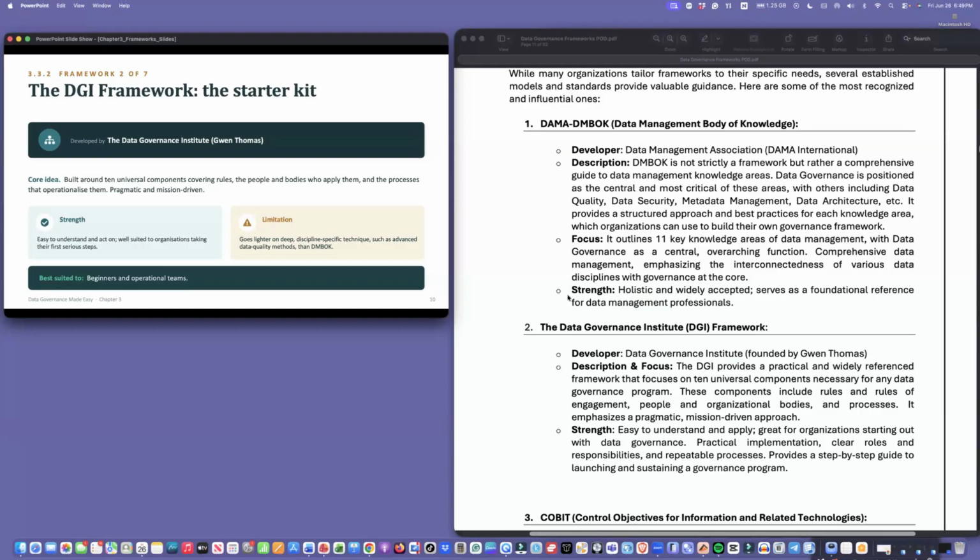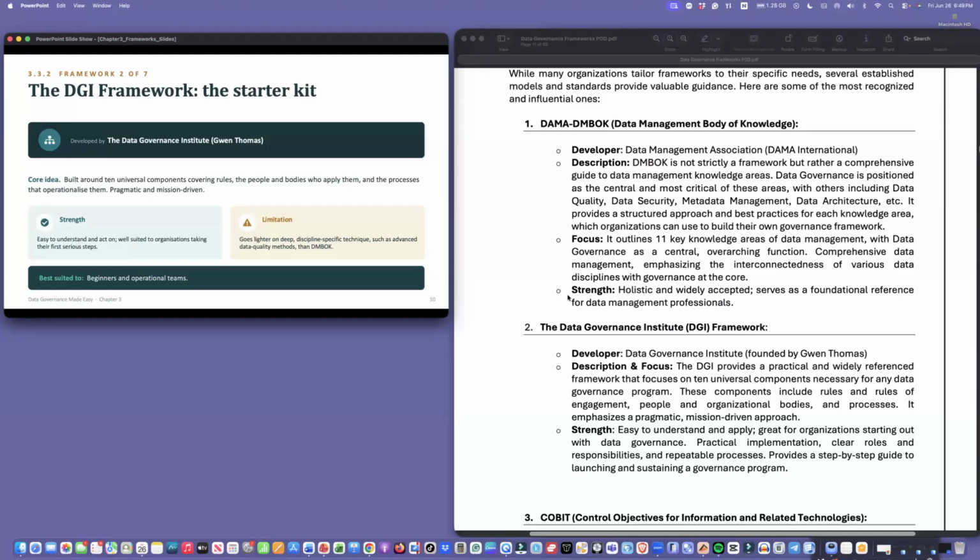Start from the DGI framework. Practical implementation, clear roles, responsibilities, and repeatable processes that are easy for people to just follow. It goes lighter on deep discipline-specific techniques such as data quality methods than the DM book.